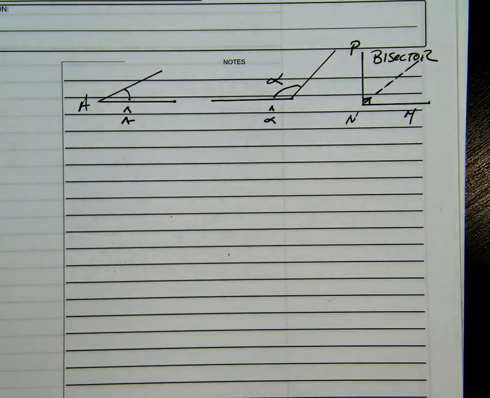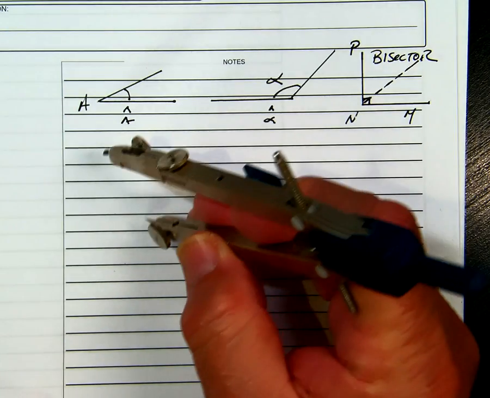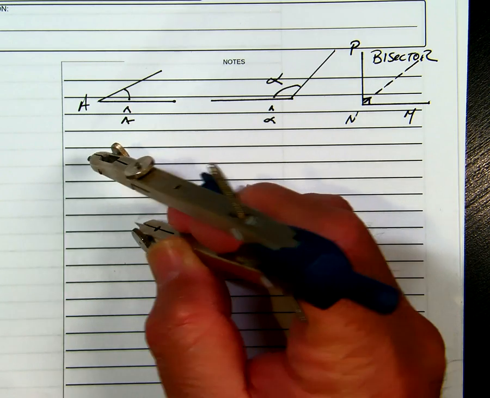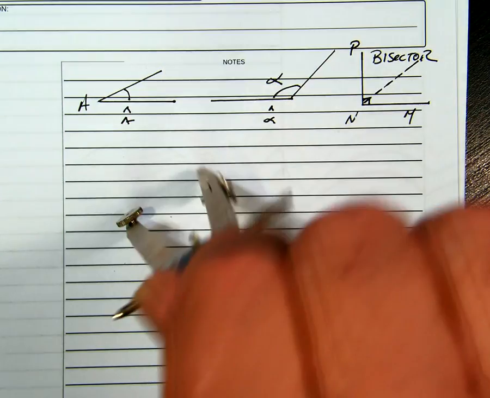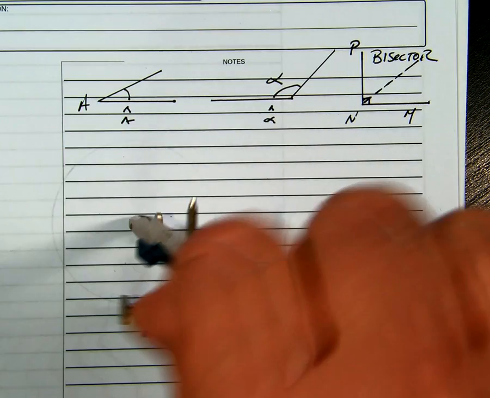So what I want to do is actually draw a circle as close as I can. I'm actually going to use a compass this time. I'm going to go ahead and draw a circle.